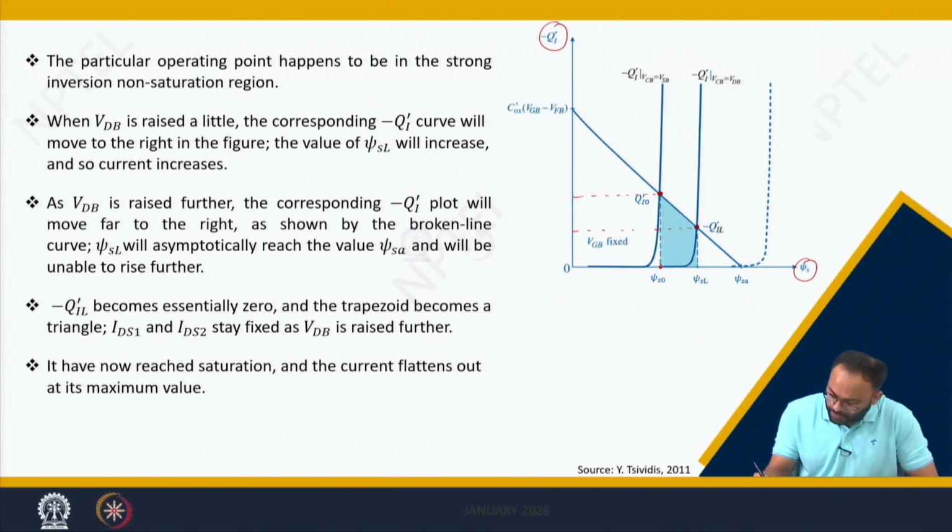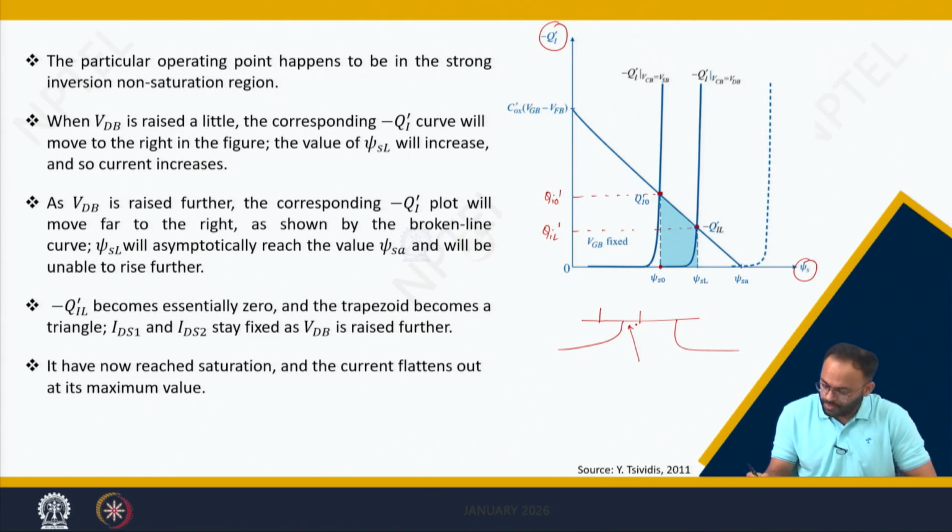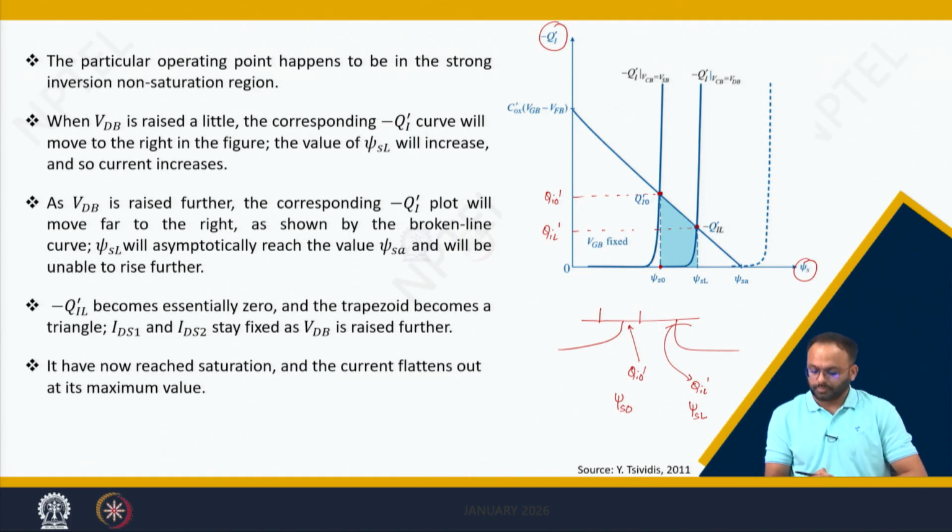This charge, corresponding to this surface potential, can be defined as qi dash 0, and corresponding to this surface potential, it can be defined as qil dash, meaning the inversion charge present near the source and channel junction is qi dash 0, and the charge present near the channel drain junction is qil, corresponding to surface potential psi sl and surface potential psi s 0.